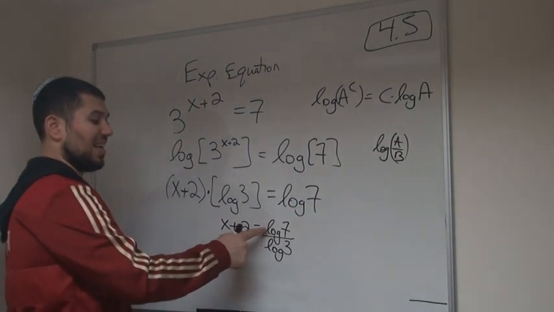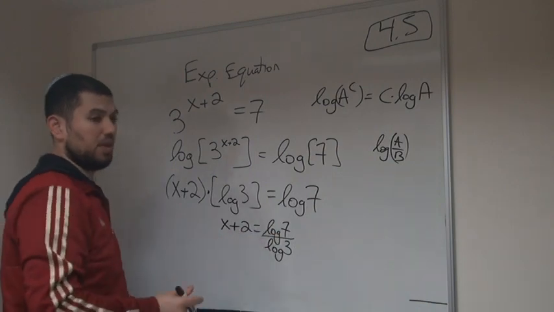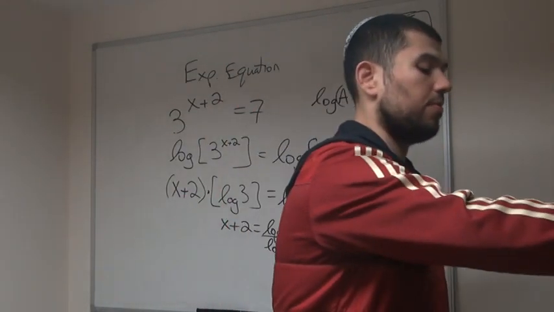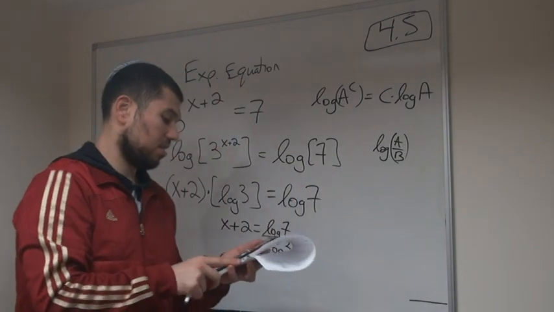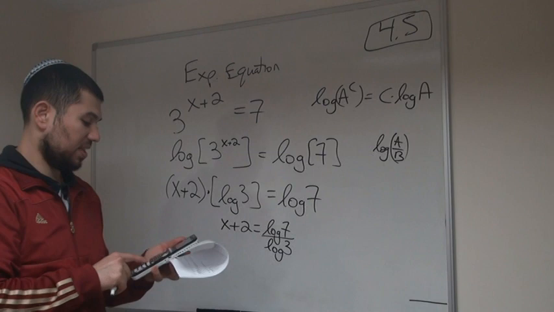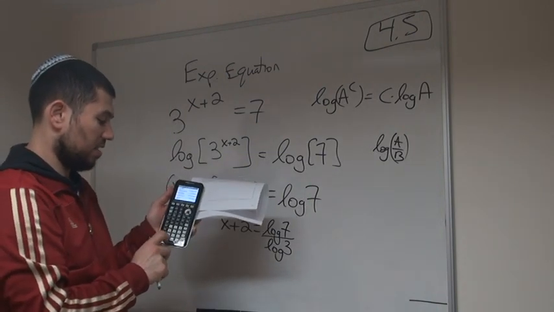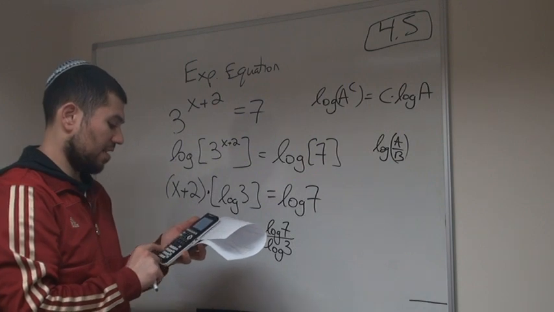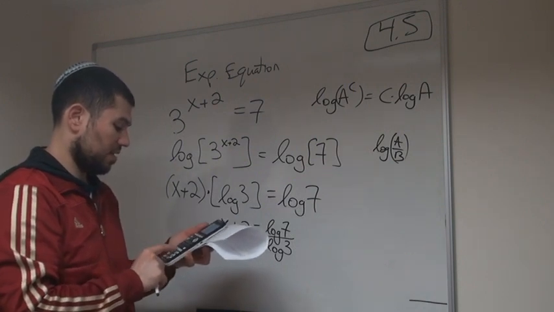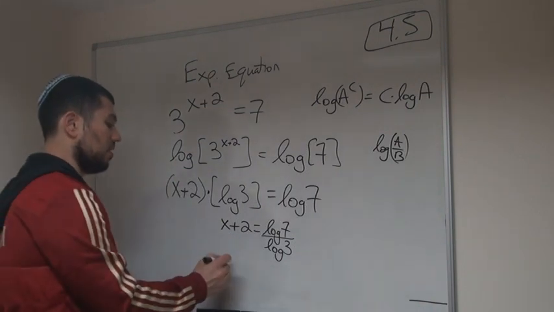So I need to actually evaluate log to the base 10 of 7, log to the base 10 of 3, which my calculator can do for me. Turn it on. We do log to the base 10 of 7, which is just a common log. We hit log 7. Then we divide that by log of 3. I get 1.77.